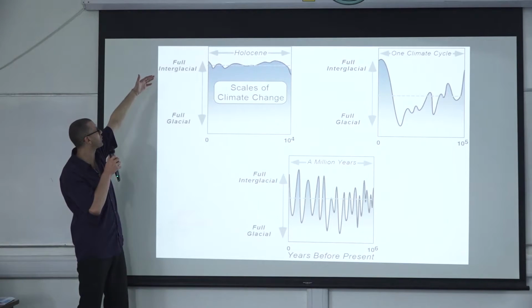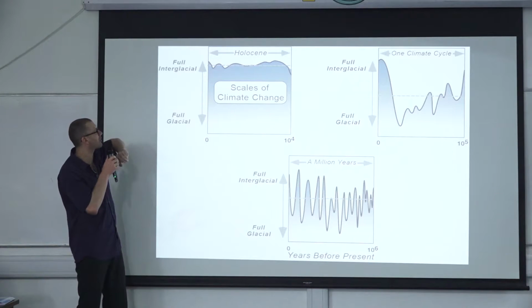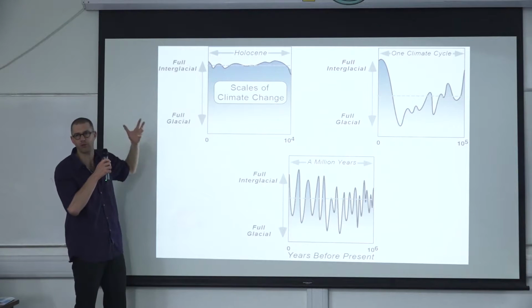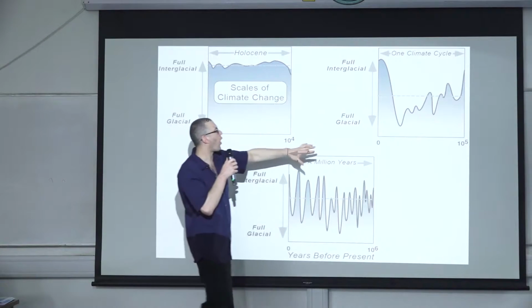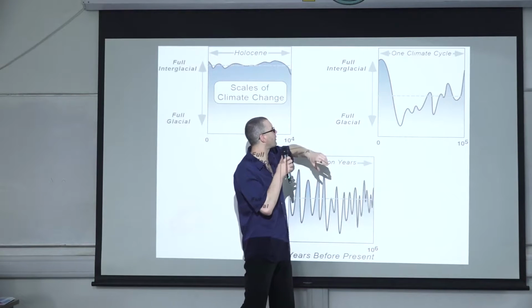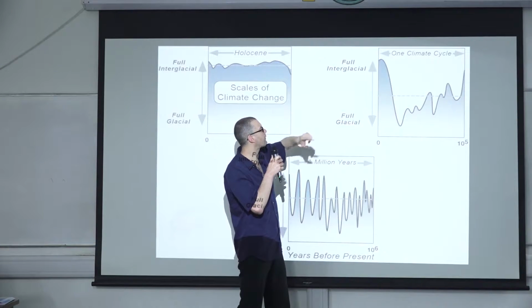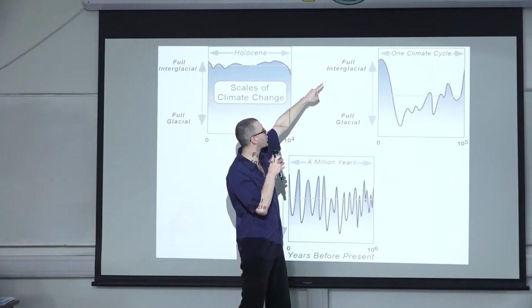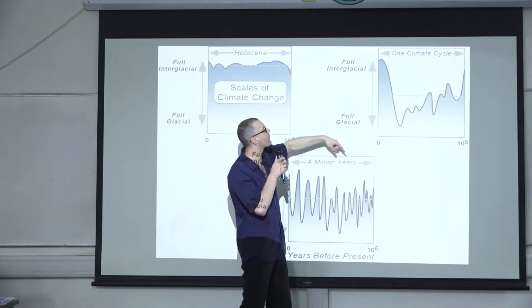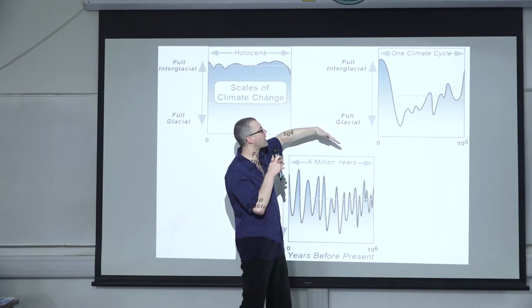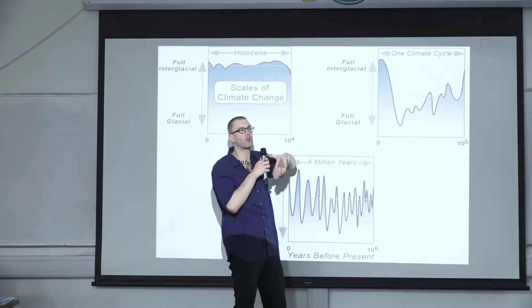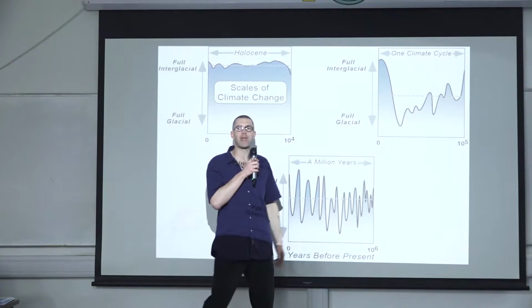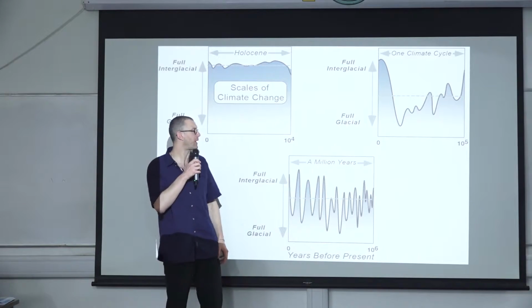So we can switch between full interglacial and full glacial cycles. The Holocene has been pretty constant. We know that, right? If we go over the last 100,000 years, or 120,000 years, we had one climatic cycle, as you call it. So we switched from full interglacial to full glacial. So we have varied the temperatures by a lot. So we expect a lot of landscape forcing to happen during that period of time.